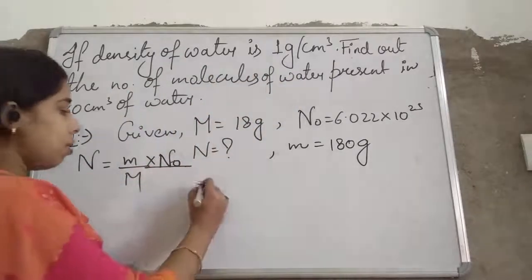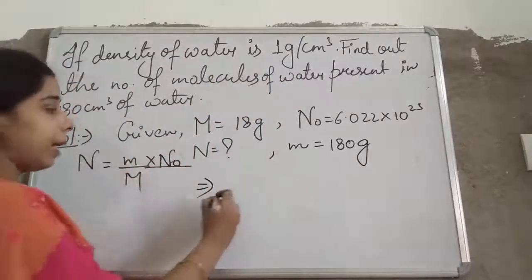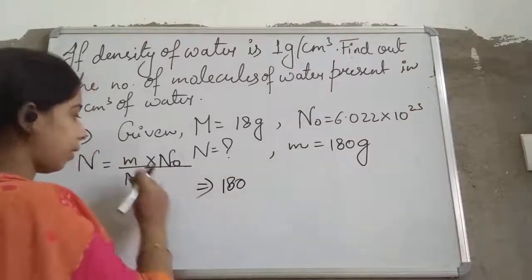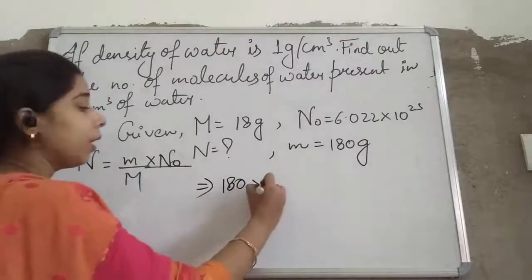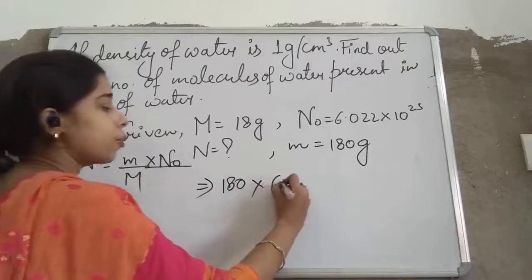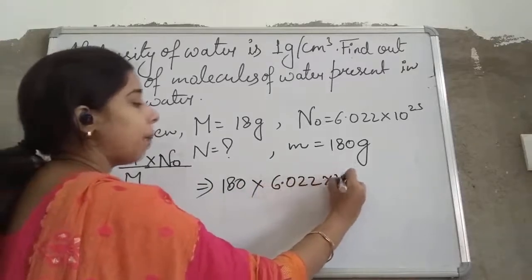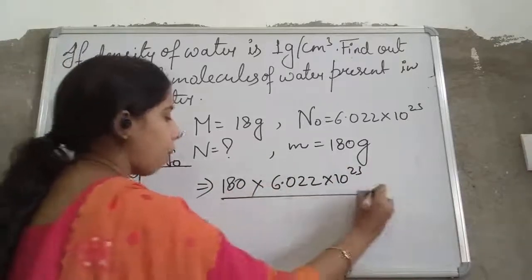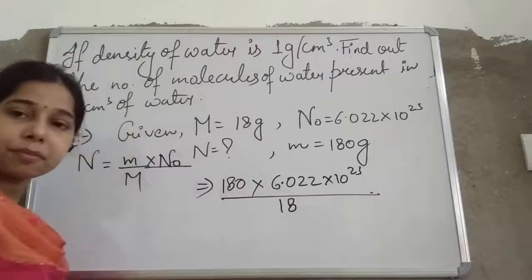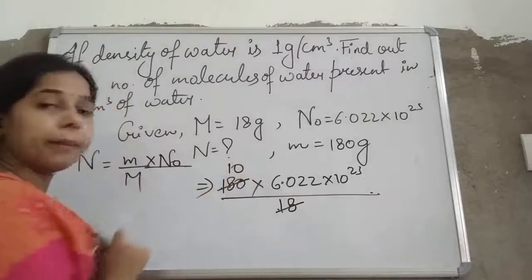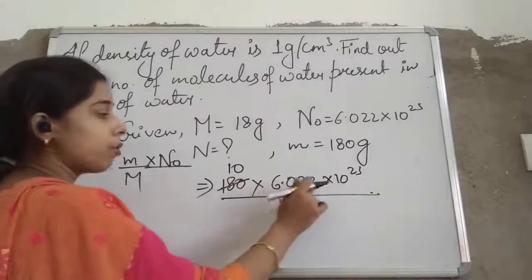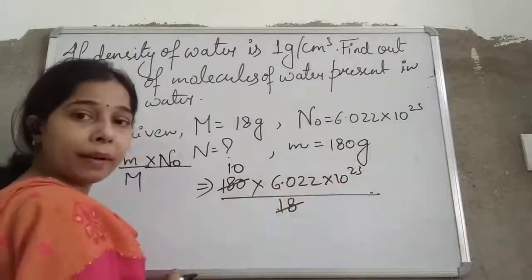By putting the values, capital M is 18, small m is the given mass, 180, into 6.022 into 10 the power 23 upon 18. The 18 will cancel, it will become 10 here. So 10 into 6.022 into 10 the power 23.